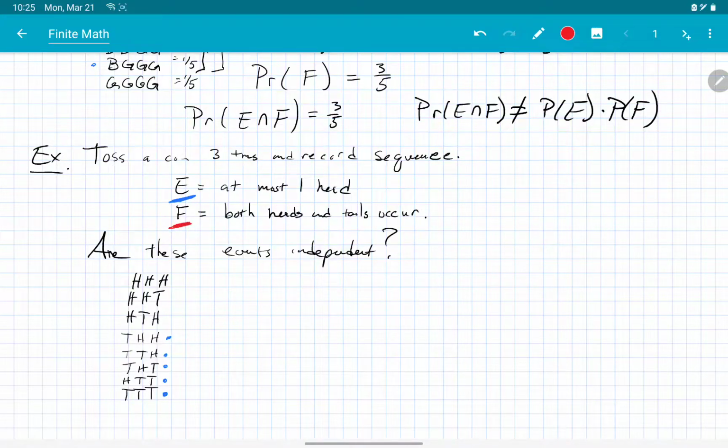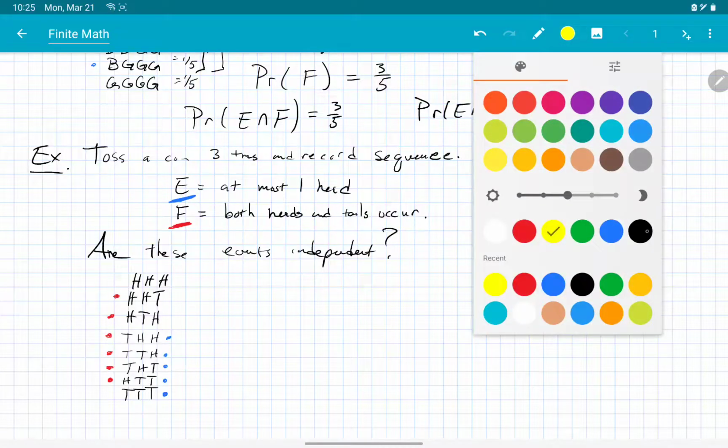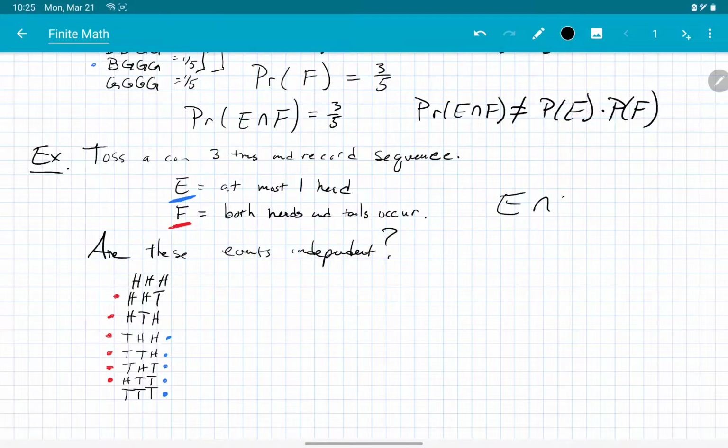Both heads and tails occur is going to be the red event. Okay, so that's where we have both heads and tails. And let's say E and F, having at most 1 head and both heads and tails occur, is going to be yellow.